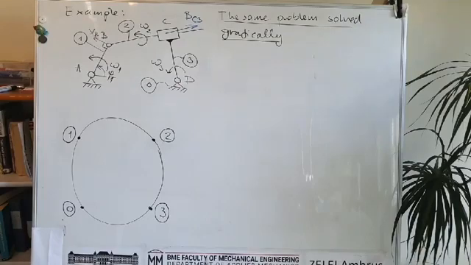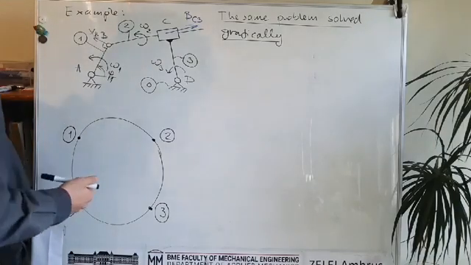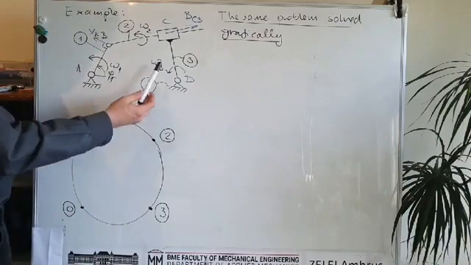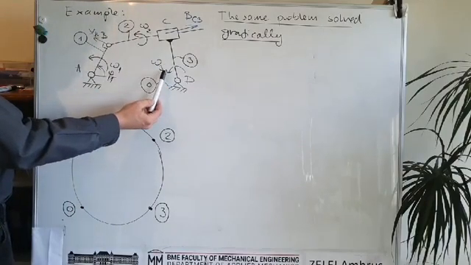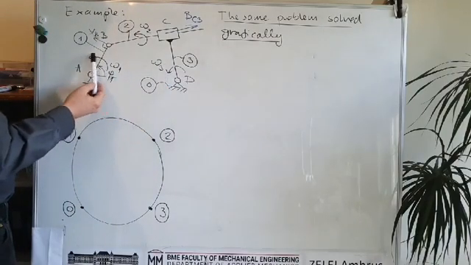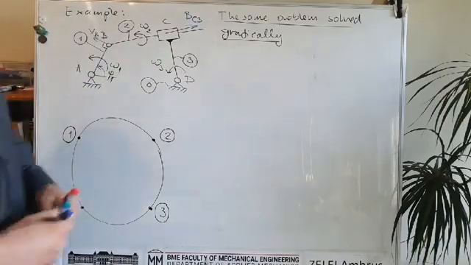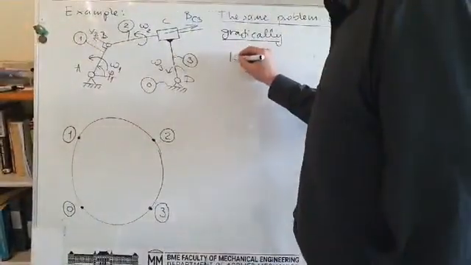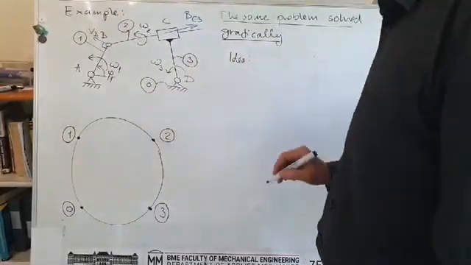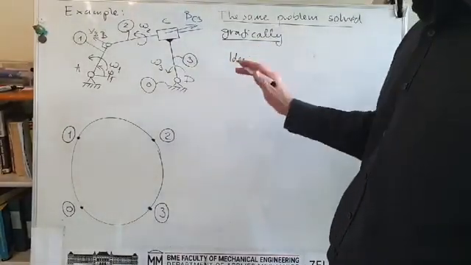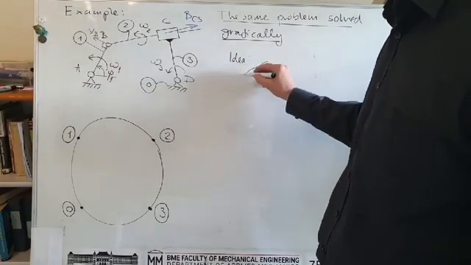And then the next step is to imagine how we can calculate the output velocity omega 3 as a function of the input velocity omega 1. So we need some idea, and we will think about the whole problem a little bit more generally.